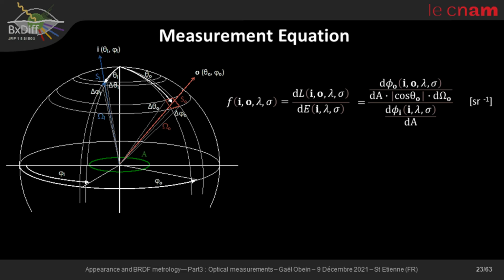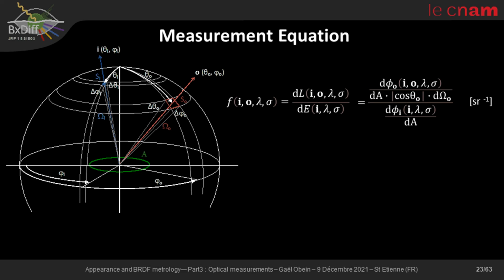And you see with this equation, my geometrical extent for the radiance here is given by the aperture that I call S0, or the solid angle that is pointing at the middle of the surface and defined by this surface on the sphere. And on the other part, there is the illuminated surface projected in the direction of propagation.